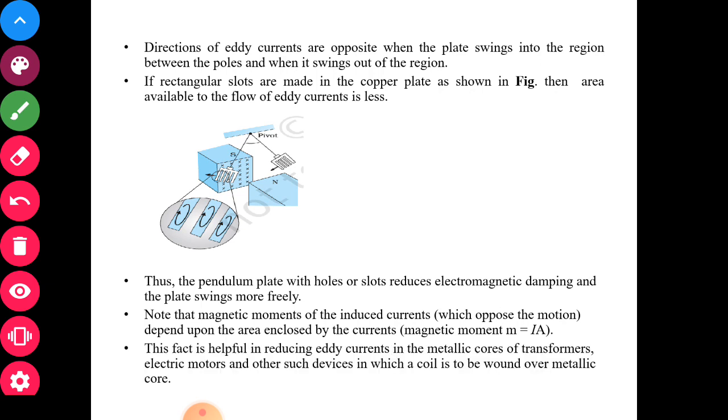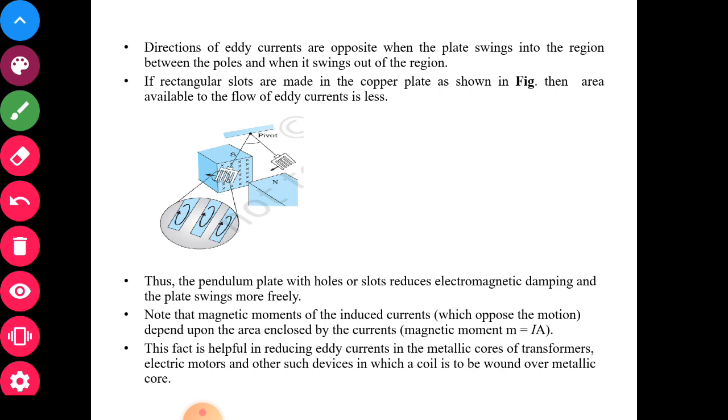This fact is helpful in reducing eddy currents in the metallic core of transformers. In transformers which are used in producing electricity, these eddy currents are produced, which can be minimized by making slots.